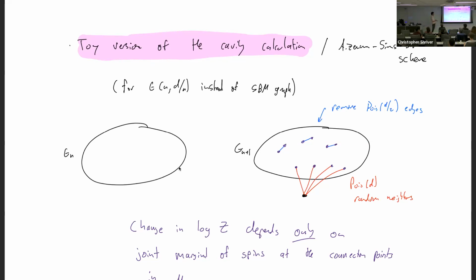How many neighbors is it going to have? It's going to have Binomial(n-1, d/n), which is essentially Poisson d. And it could be any one of the vertices before. So I add that new vertex and join it to Poisson d uniformly random neighbors in the existing graph. Those are the red connections.